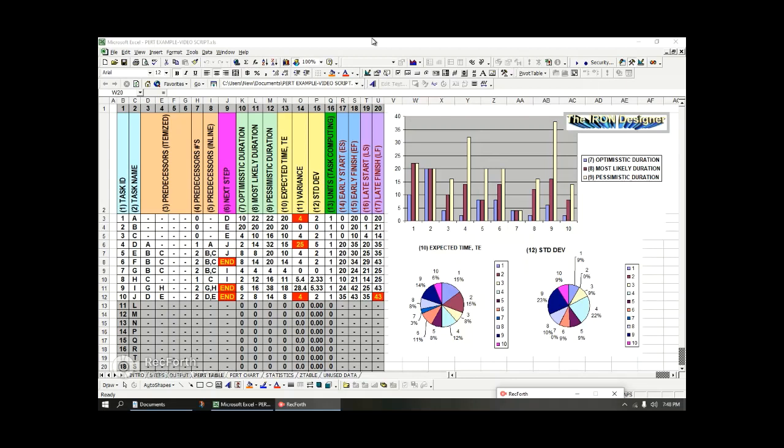But I wanted to show you that a lot of these techniques and things in engineering and construction management, you really don't need a lot of high technology in order to get these things done. And for the most part, you really don't even need to purchase special Pert software or statistical analysis software.